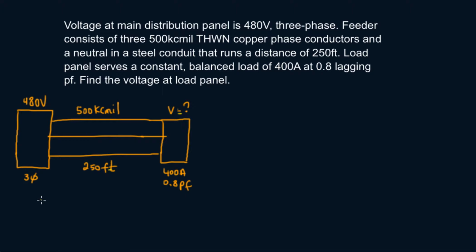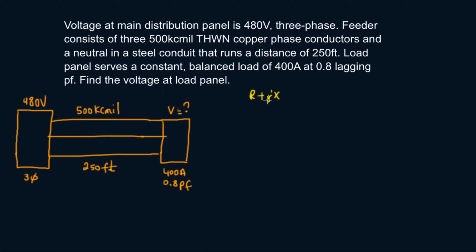So let's set up the equation. Essentially we need to find the voltage drop here, and in order to do that we will need Table 9 of the NEC code to get the impedance of the conductors, because V equals IZ, right? We do not know the value of the impedance, so this is what we need: R plus jX.